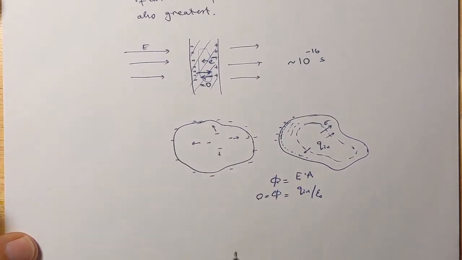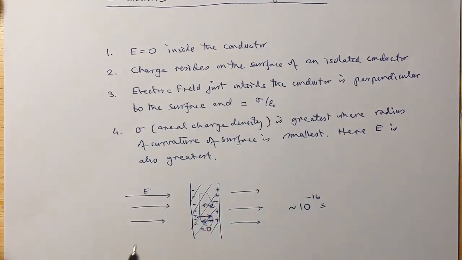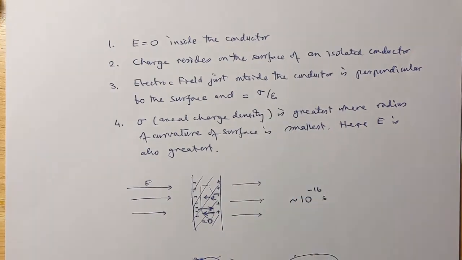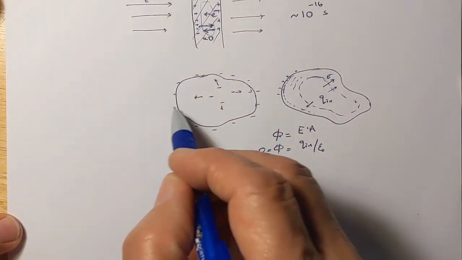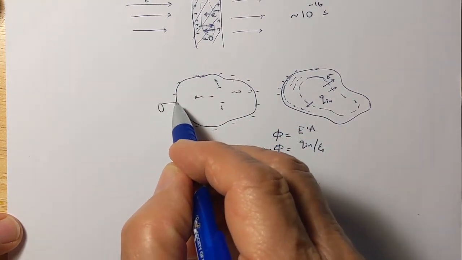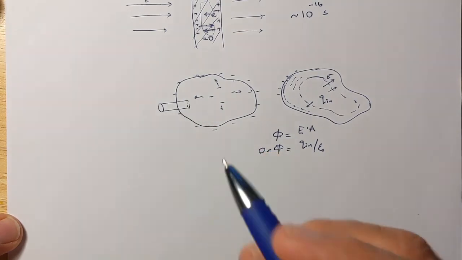Now, what is the nature of the electric field? Number 3, the electric field just outside is perpendicular to the surface and is equal to the surface charge density divided by epsilon naught. We can make a cylindrical surface here, going inside, like what we did earlier.